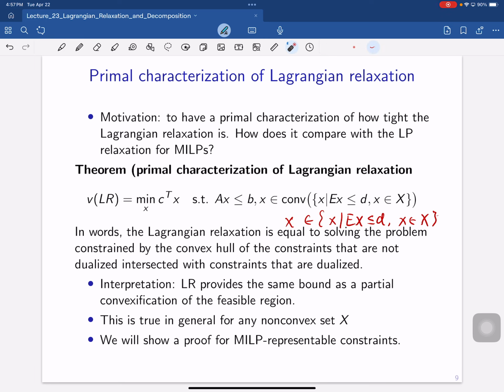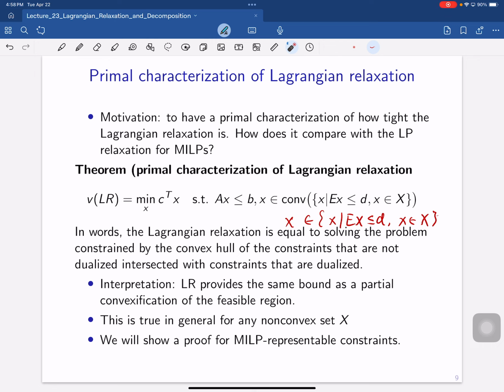But if you do Lagrangian relaxation, you are relaxing this set of constraints by its convex hull. That's why you can say it is a relaxation. And this is true for any non-convex set X. We will show a proof for MILP representable constraints.